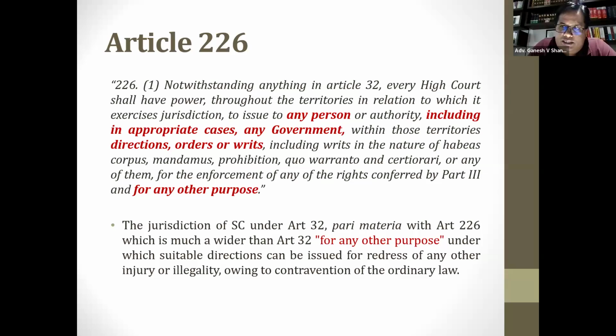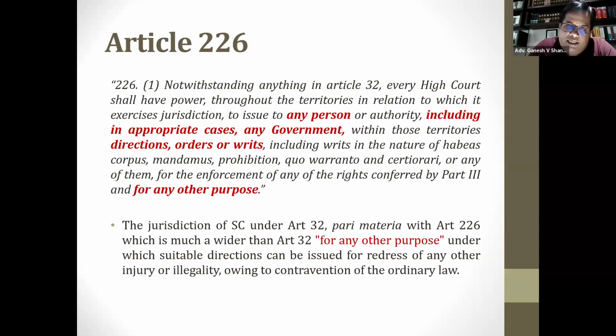So here the express difference which you can find under Article 32 and 226 is, under 226 you can file a writ against not only government authorities, or any government company which is called an extended arm of the government.